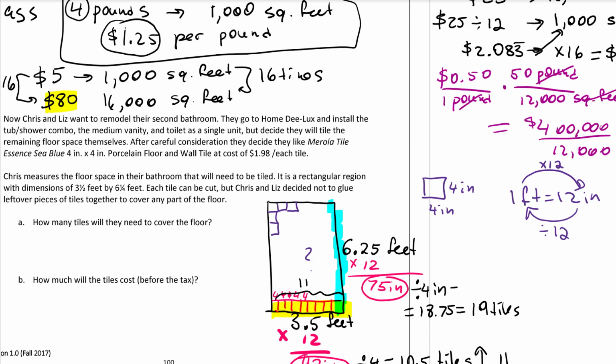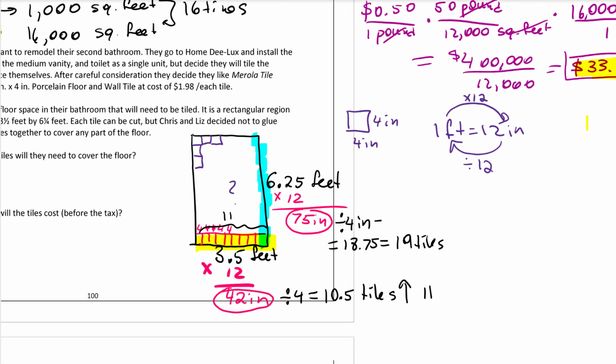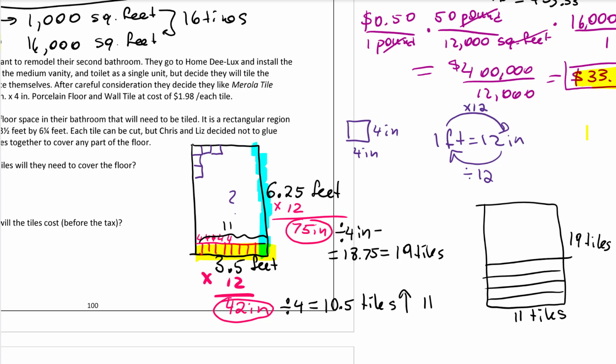Now let me redraw the picture so it's easier to see. We just figured out that you need 11 tiles here and you need 19 tiles there. But it's not just one row. There's a lot. This whole thing is going to be tiled.